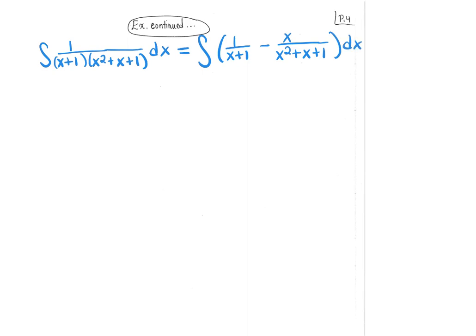We're integrating a difference, so that's the difference of the integrals. So that's the integral of 1 over x plus 1 dx minus the integral of x over x squared plus x plus 1 dx.